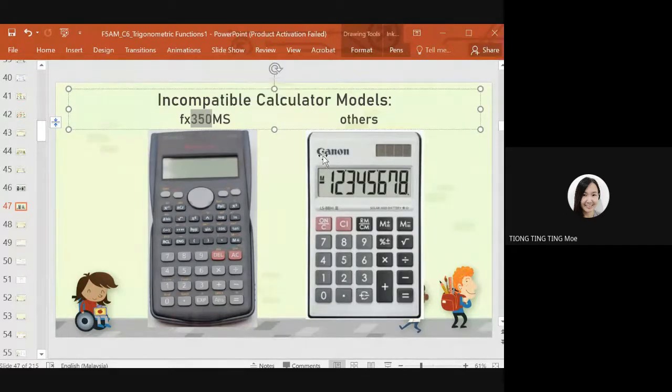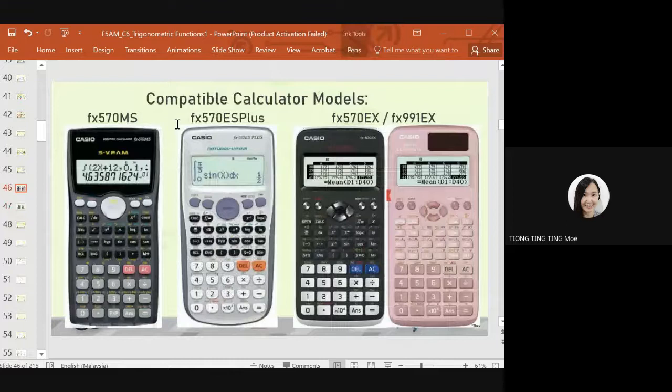Can you let me know? Don't buy 350. Now you can go Shopee buy the cheaper one. As long as 570. Don't use the 350. Then of course the other calculators like this cannot be used because we don't have the scientific function. Okay, so at least 570 and above.